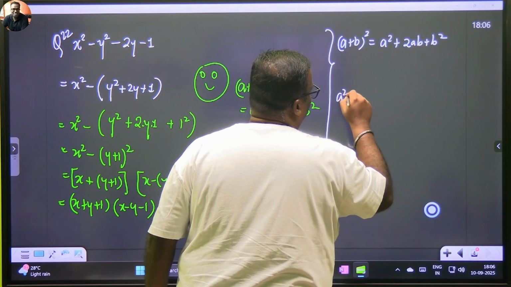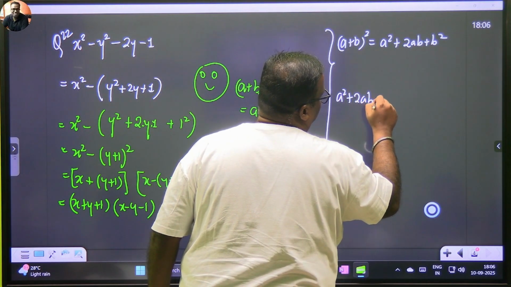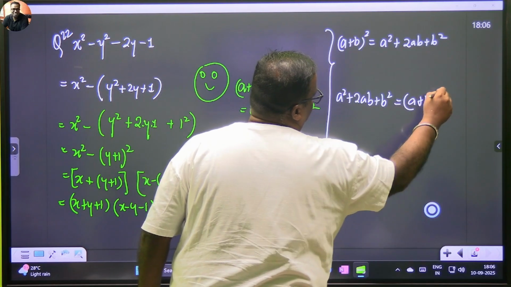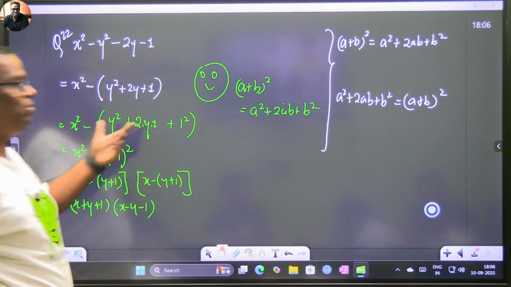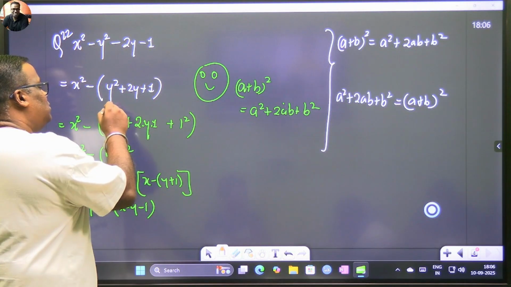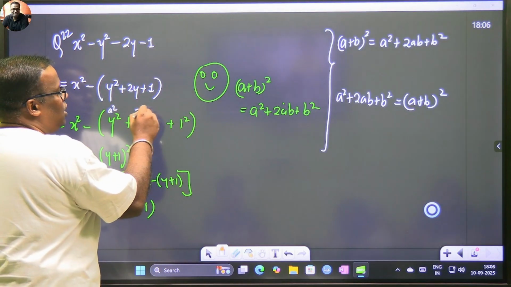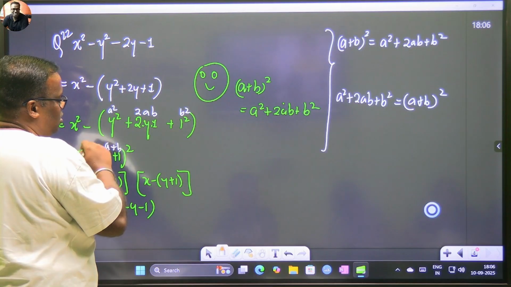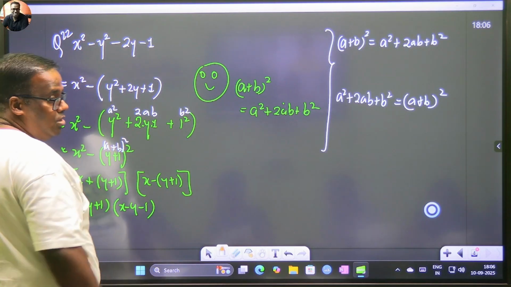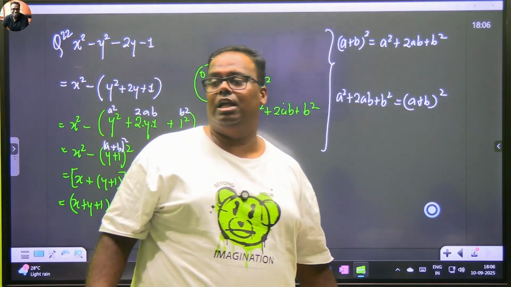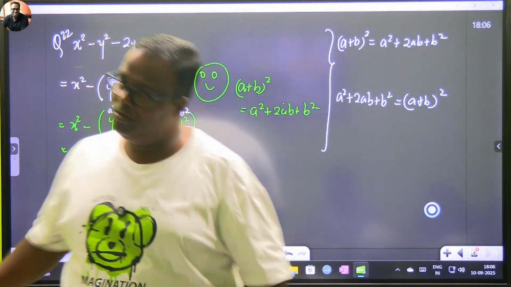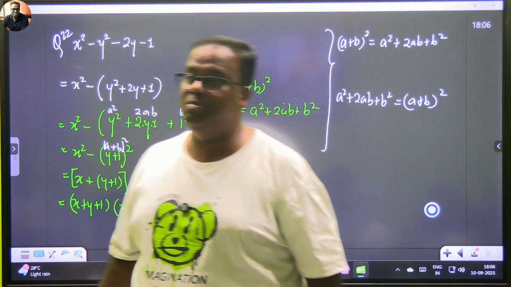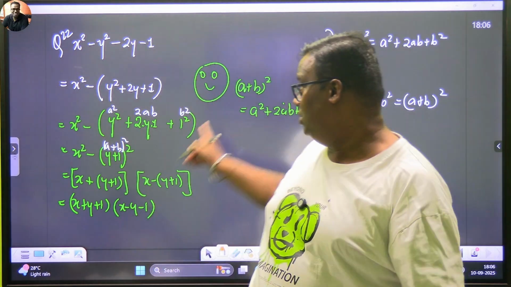What is a square plus 2ab plus b square? A plus b whole square. This is a square, this is 2ab, and this is b square, so a plus b. And Anay, your problem, the 9ab one that you are asking, will also go in this style.